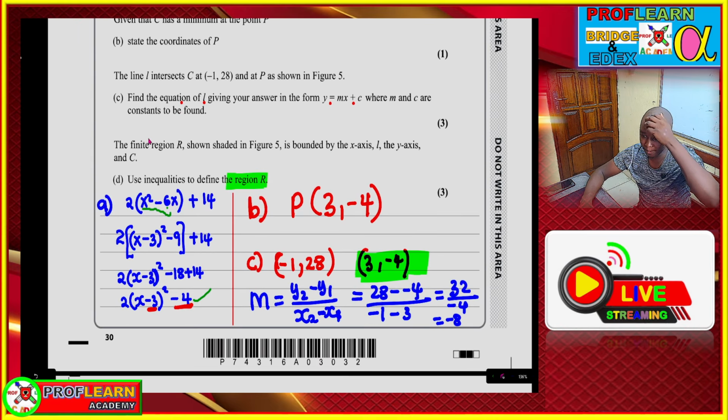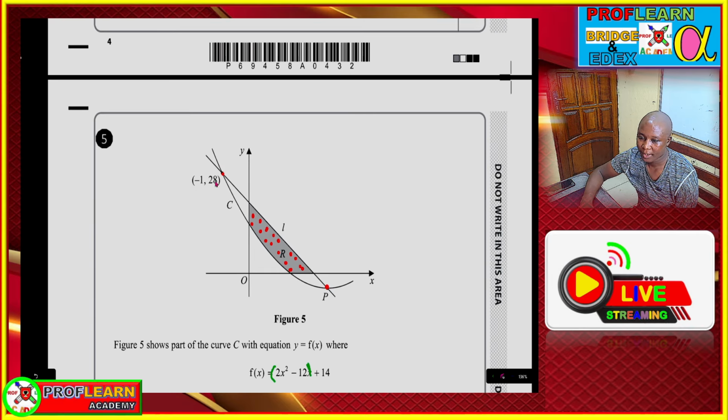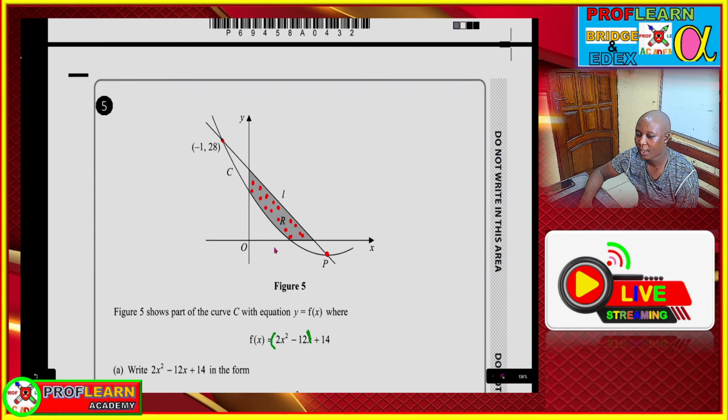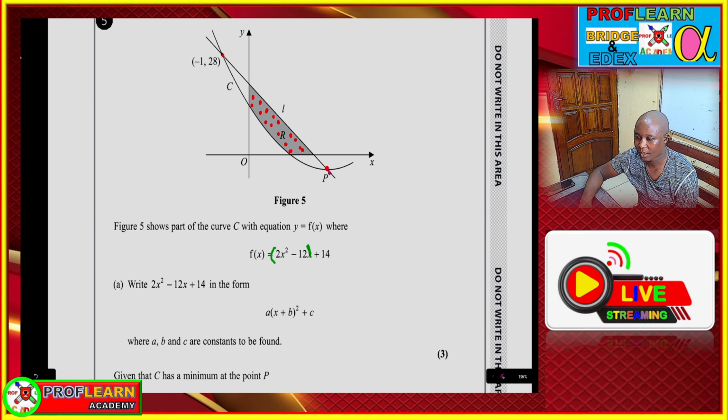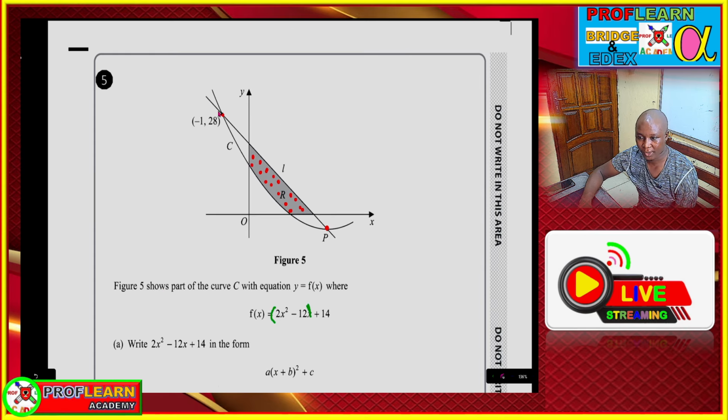Next, in part C, find the equation of L. We are told that L intersects C at (-128, -128), and also it intersects it at P. And already we know these coordinates. So for us to find the equation of L, we need to find the gradient first.